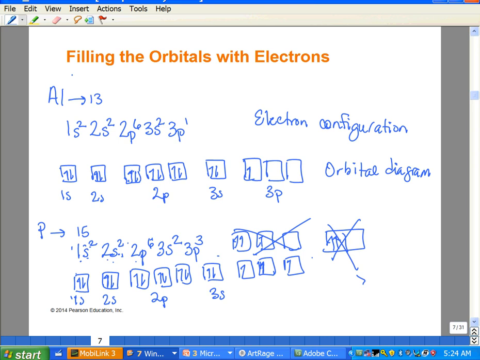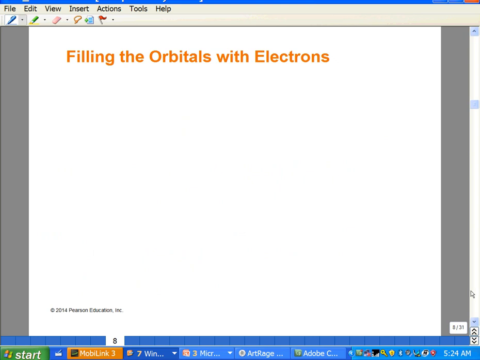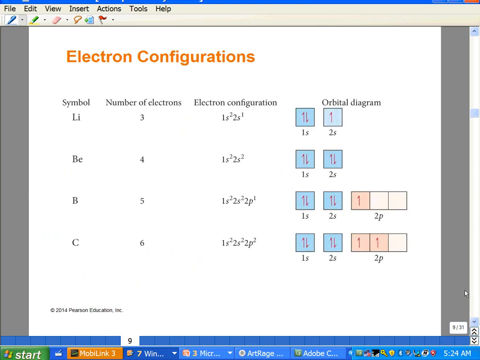Now let's talk about valence electrons. The next slide is blank, but the slide before it shows some examples of electron configurations and orbital diagrams for selected elements.